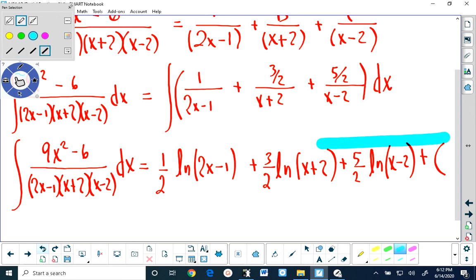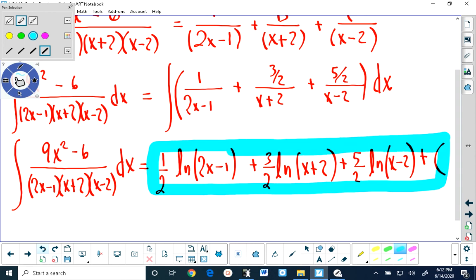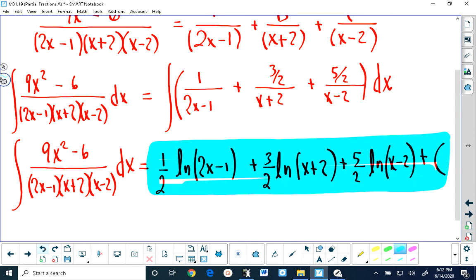In other words, everybody, this is our answer to the second example. There's a lot of work involved here, but the work is not anti-differentiating. The work is trying to do the algebra to break that rational expression into smaller pieces.